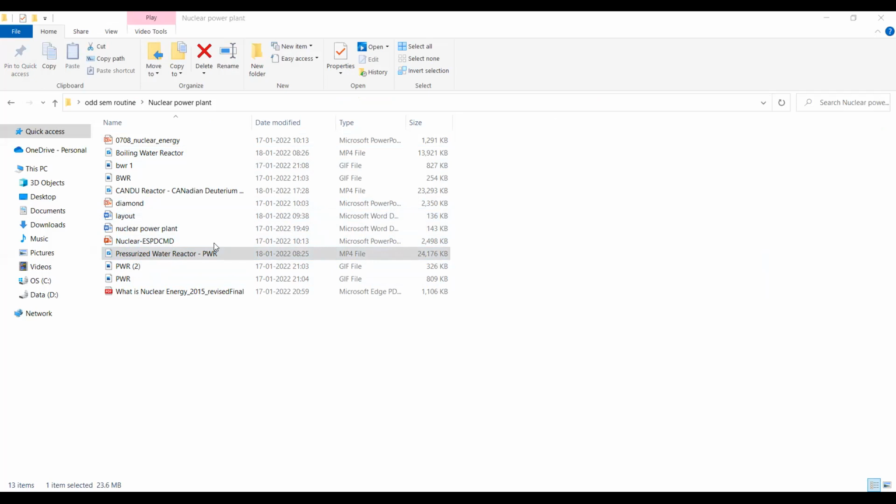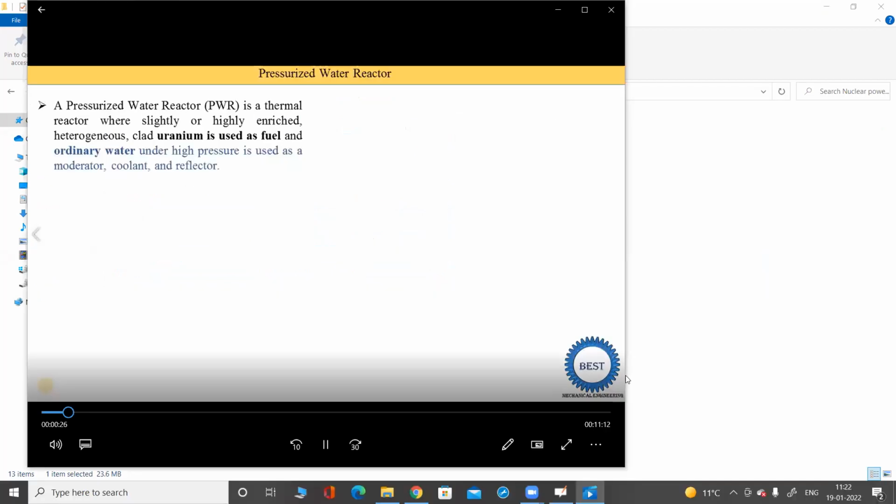We discuss which type of fuel, which type of reactor and which type of moderator is used in a PWR. PWR means pressurized water reactors. In a PWR, highly enriched uranium is used as a fuel. Okay, and the reactor is heterogeneous. Heterogeneous reactor means the fuel rod is surrounded by the moderator.